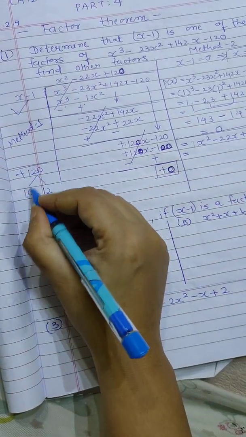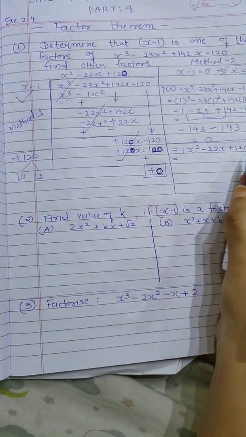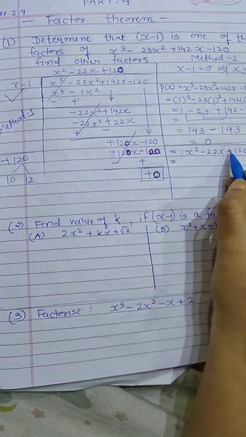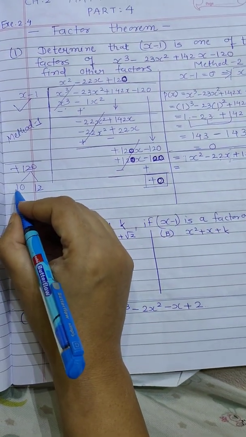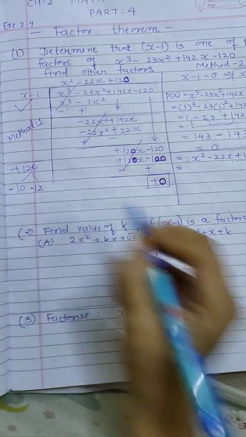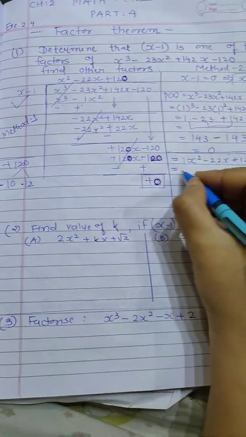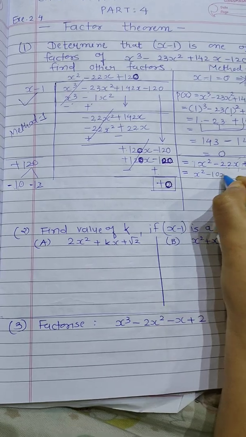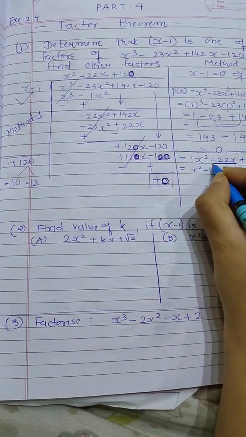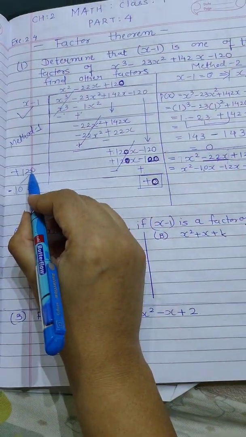Because the last term has the sign of plus, you have to give these factors the sign of the middle term, which is minus. So you will rewrite it as x square minus 10x minus 12x plus 120. Instead of minus 22, you write these two factors which you got from 120.